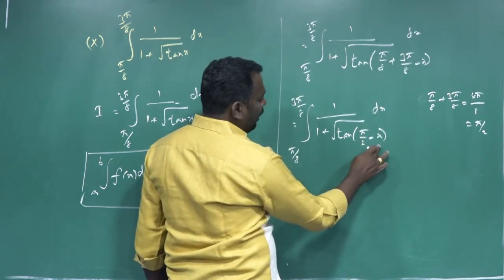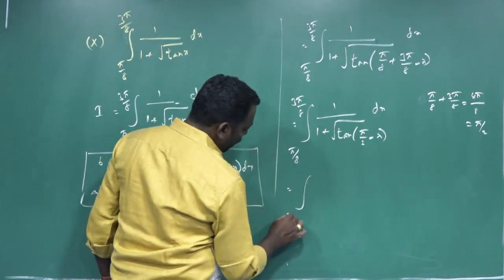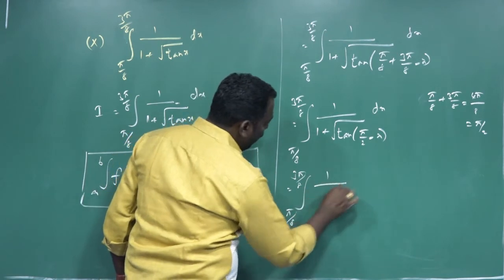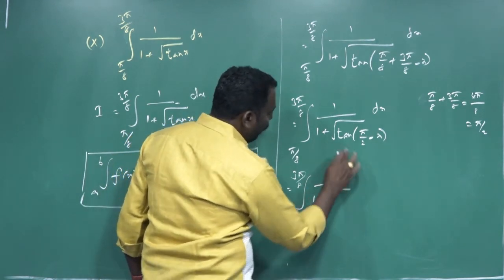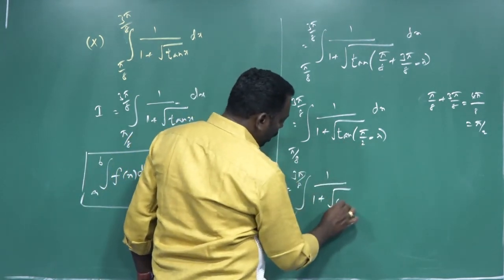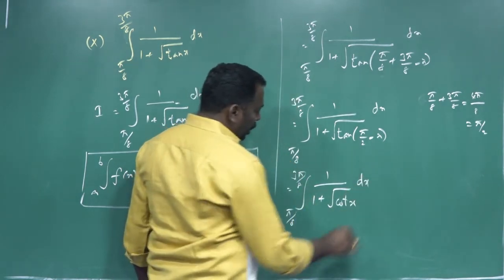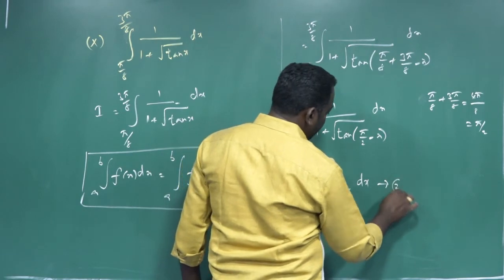Tan of 90 minus theta equals cot theta, so that is equal to the integral from pi by 8 to 3 pi by 8 of 1 by 1 plus square root of cot x dx. Now this one is called equation number 2.